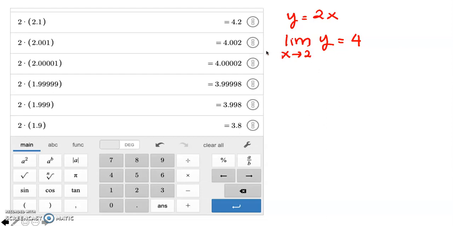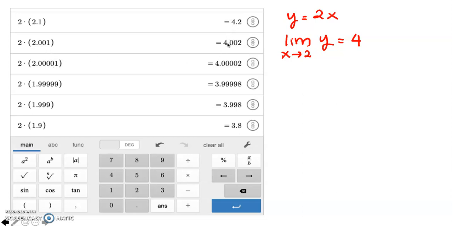Or in other words, if I show you through numbers here, this is the example of analyzing the limit of y from the right side. So from the right to the left, x is 2.1, 2.001, 2.0001, it is approaching 2, and it's not equal to 2, but it has a very small difference.